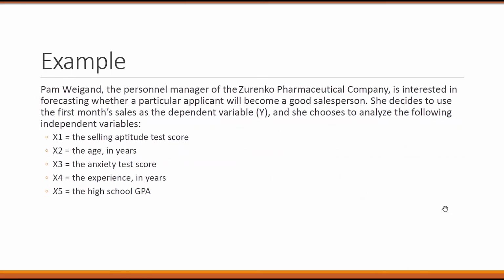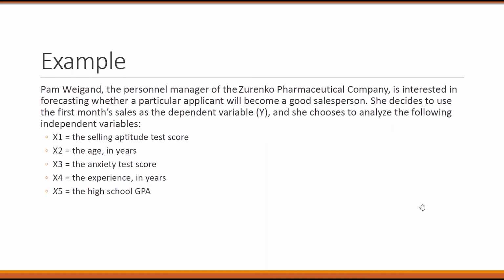So let's look at this example. It says the personnel manager of the Zerenko pharmaceutical company is interested in forecasting whether a particular applicant will become a good salesperson. She decides to use the first month sales as the dependent variable Y, and she chooses to analyze the following independent variables.